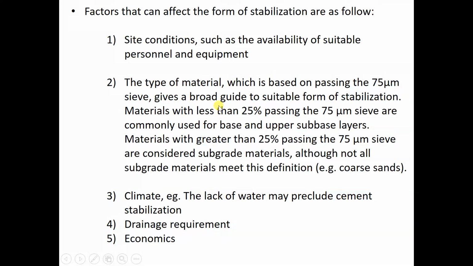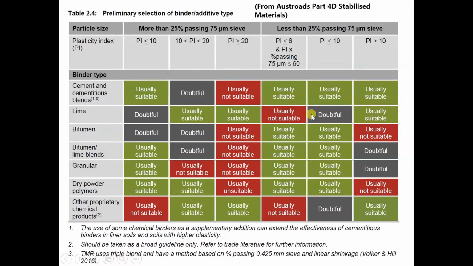Secondly, it depends on the type of the materials, and this will decide what type of stabilization can be used. We can classify the road based on the plasticity index, PI.